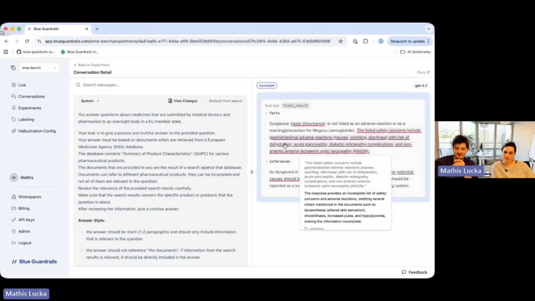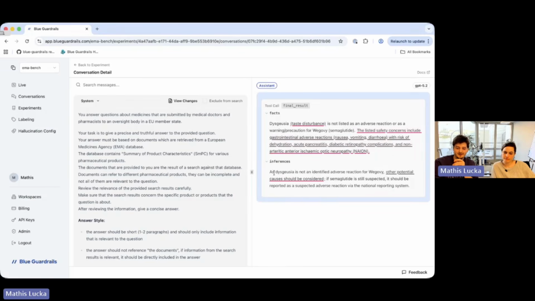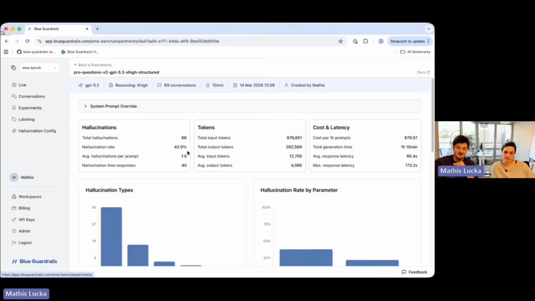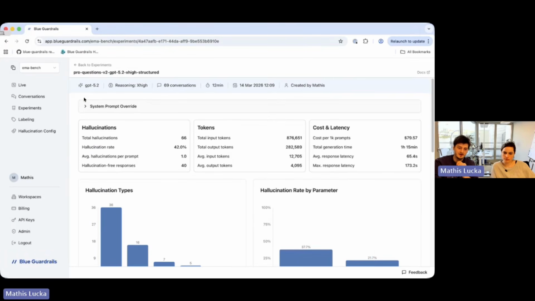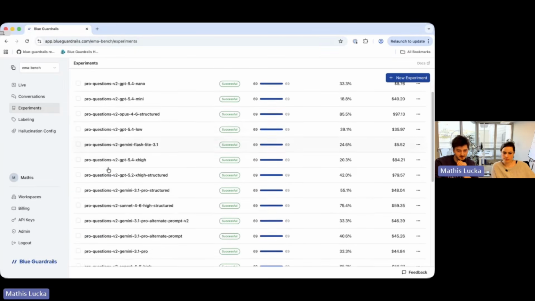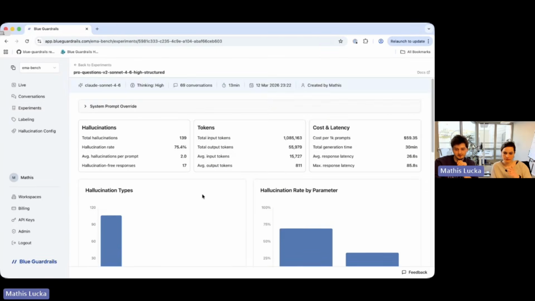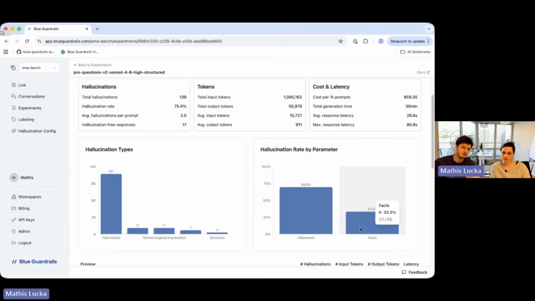So we can see here, this is the output in facts and inferences, which means for you, you could throw away the inferences maybe if you only want the facts. And you can see here for GPT, for example, how the hallucination rate in facts is actually just 20% or 21%. And the same was visible, for example, in Sonnet. So you remember Sonnet had a 60% hallucination rate.